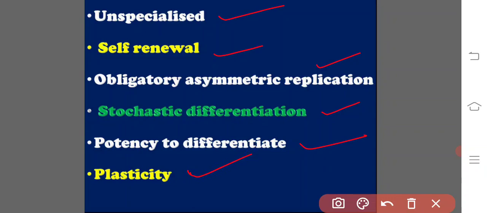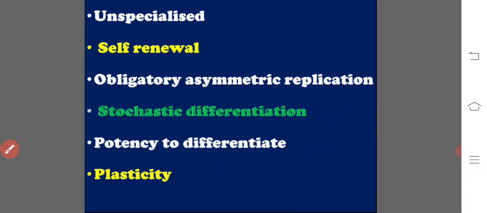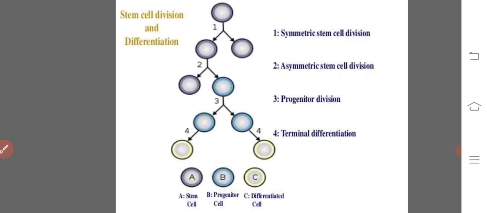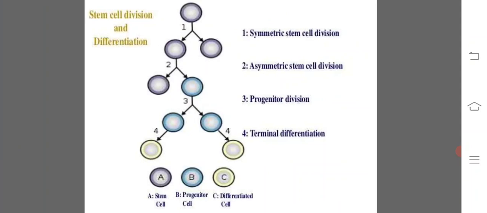So here at a glance, unspecialized cells, self-renewal, obligatory asymmetric replication, stochastic differentiation, potency to differentiate, and plasticity are the properties of stem cells. See here, number 1 shows the symmetrical cell division.